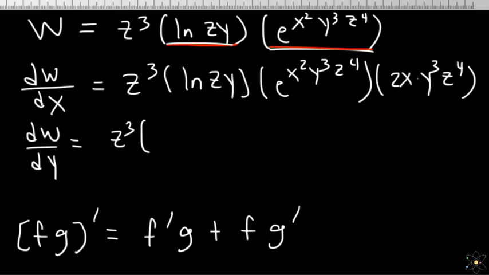If you want to, you can factor out e to the x squared y cubed z to the fourth, and you can also take out z to the third if you want to. But we're not going to worry about that, so I'm just going to leave the answer the way it is.